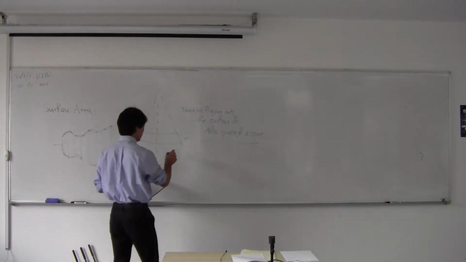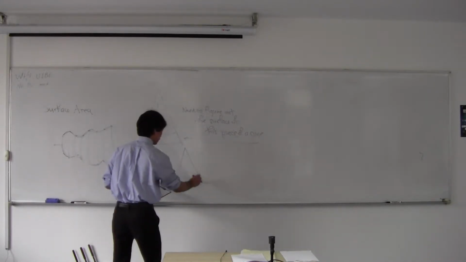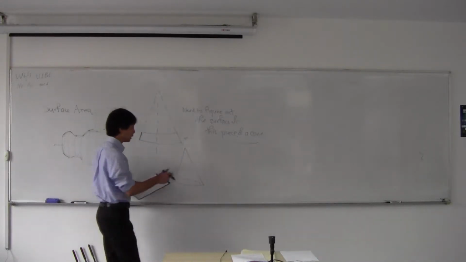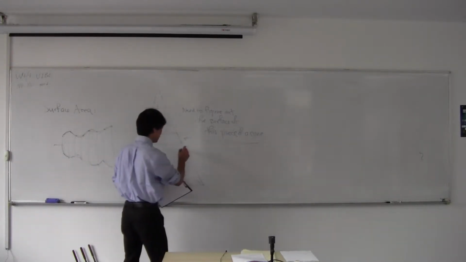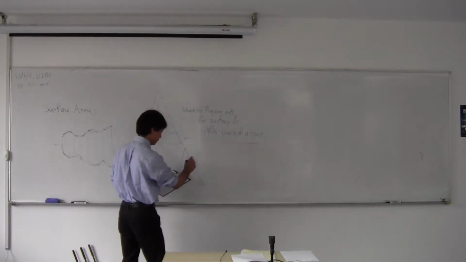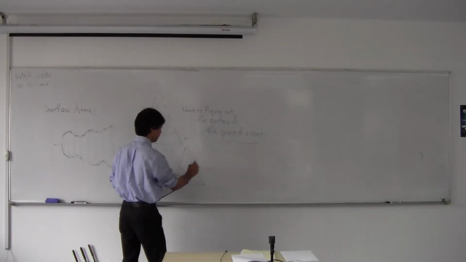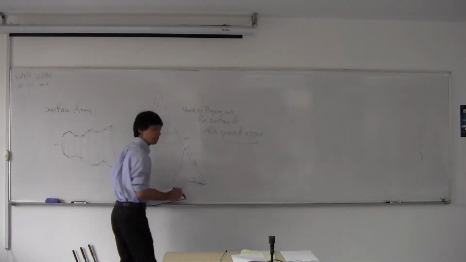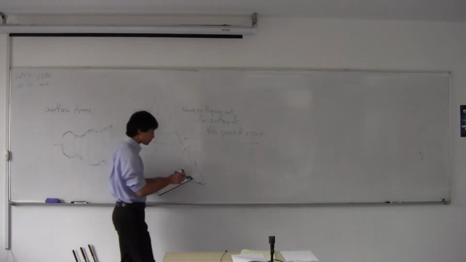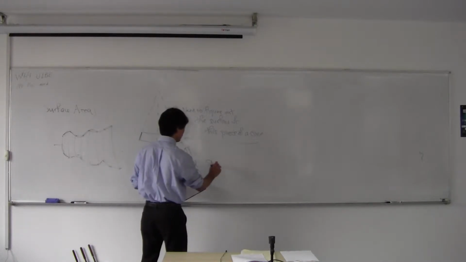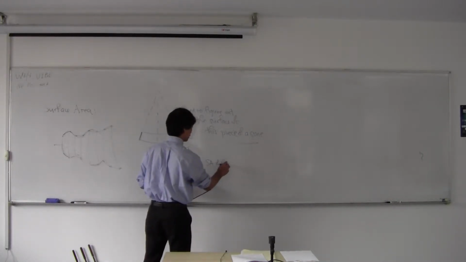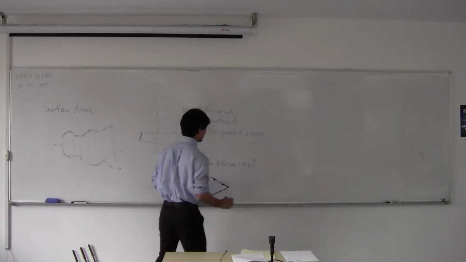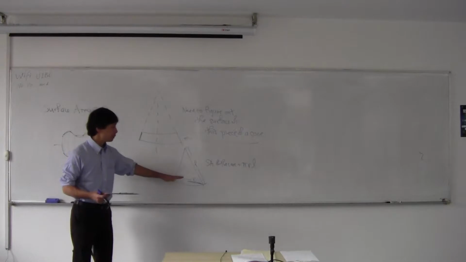If you have a cone and you look at the surface area, suppose the length of this side is L, and the radius here is R. Then the surface area of the cone actually turns out to be pi R L. Turns out to be pi times R times L.